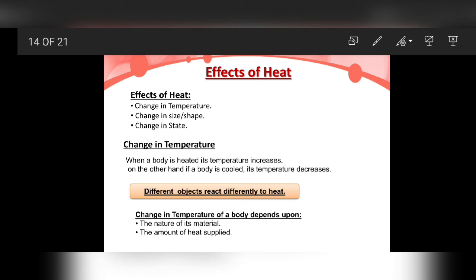This can also be explained with the help of an example. For example, we have a teapot with water, and when we are keeping that teapot on a sim mode, means when we are providing lesser heat, its temperature rises very slowly. And when we switch the stove to high mode, then the temperature rises very quickly.